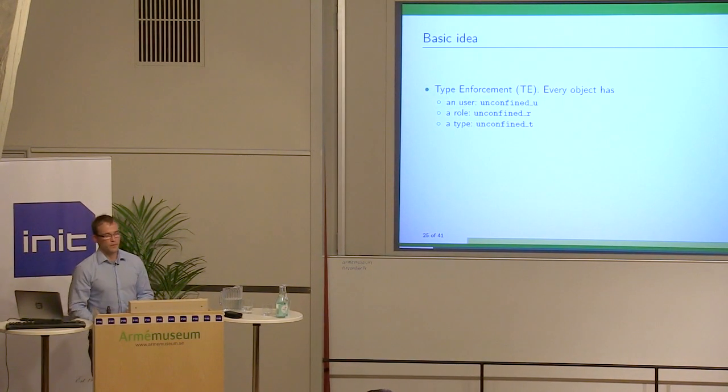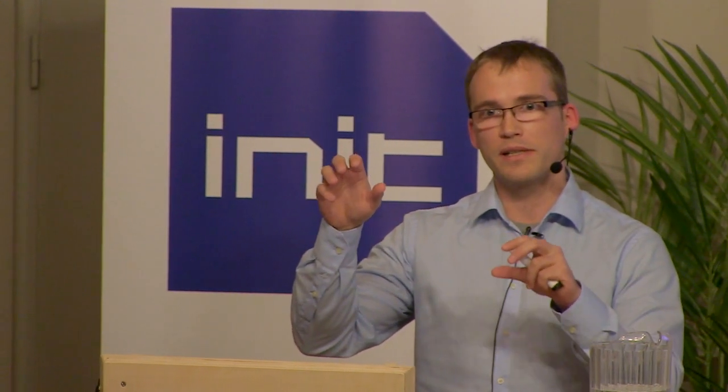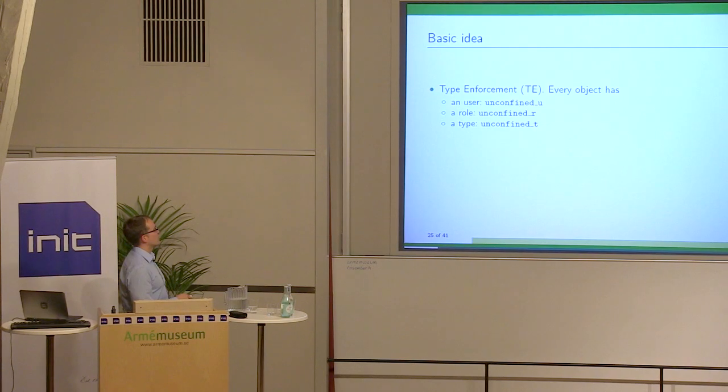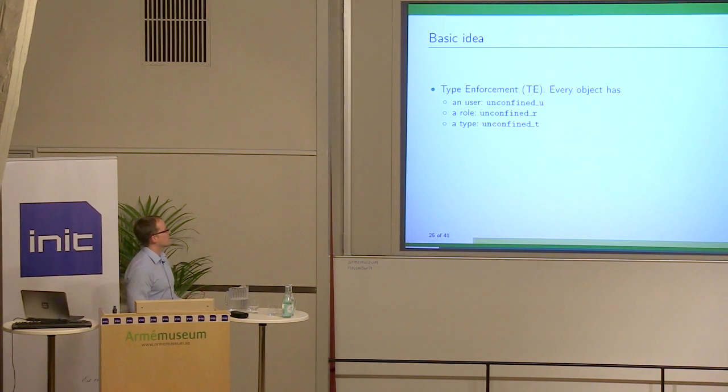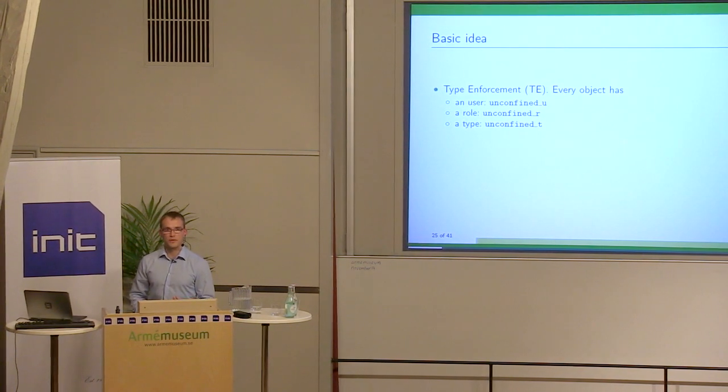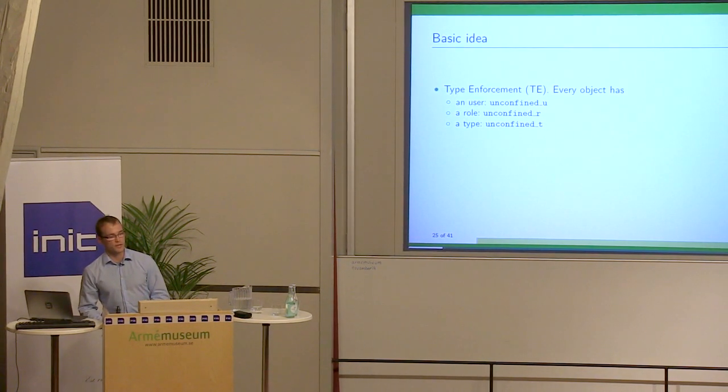So first, it's important to understand that an SE Linux user has nothing to do with a Linux user itself. So you can have totally different SE Linux users from the normal system users you know in your Linux system. And the next thing that's important is that those naming conventions are just conventions. So there's nothing that really forces you to end a type with an underscore t, but it's good practice to do it, because otherwise other people won't understand your policy.